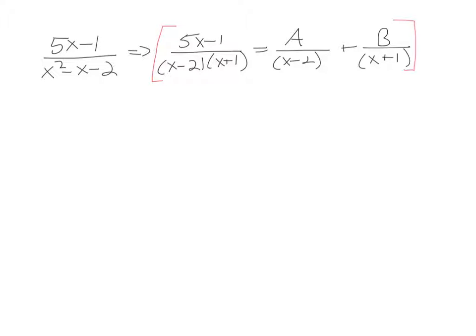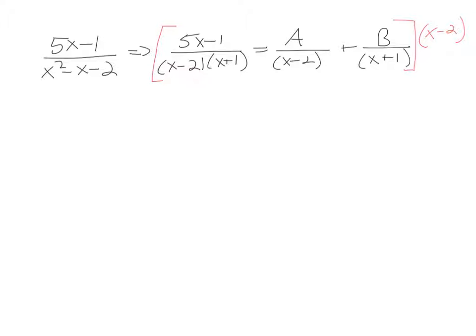Multiply that by x minus 2. Okay, when I do that, I have to do it to everything on both sides. So I have to do it to this as well as these.